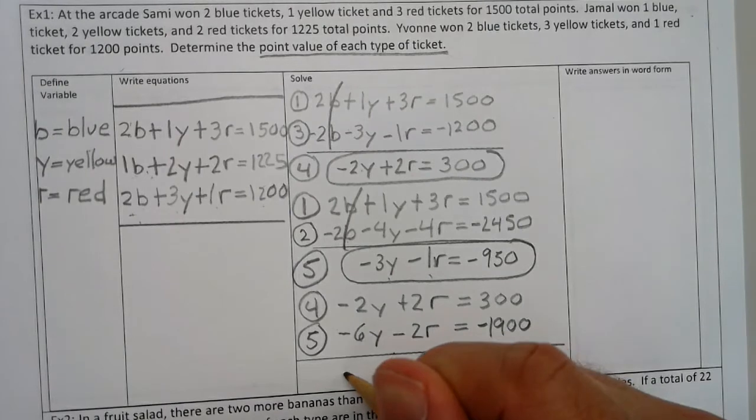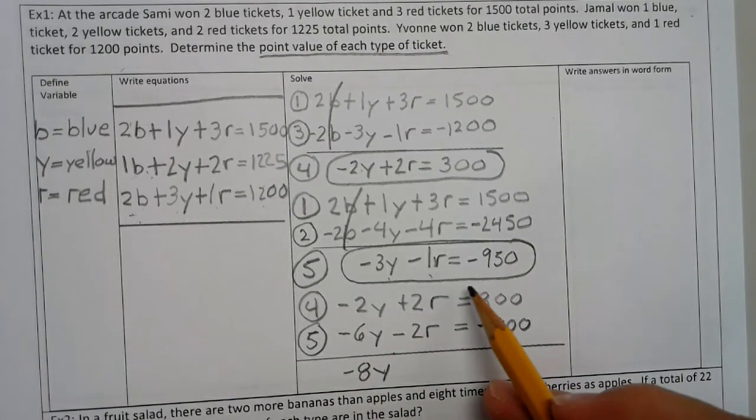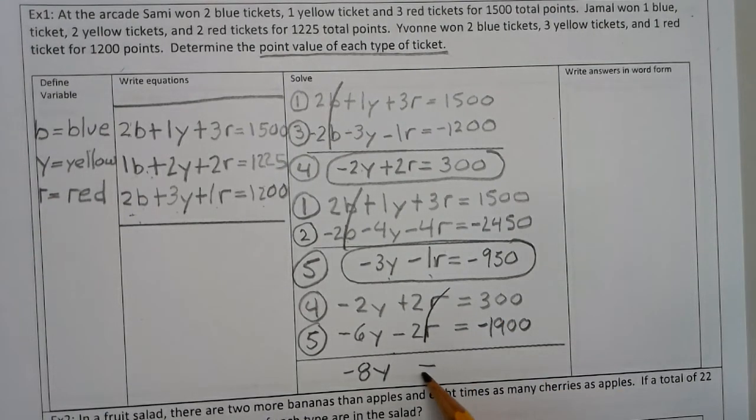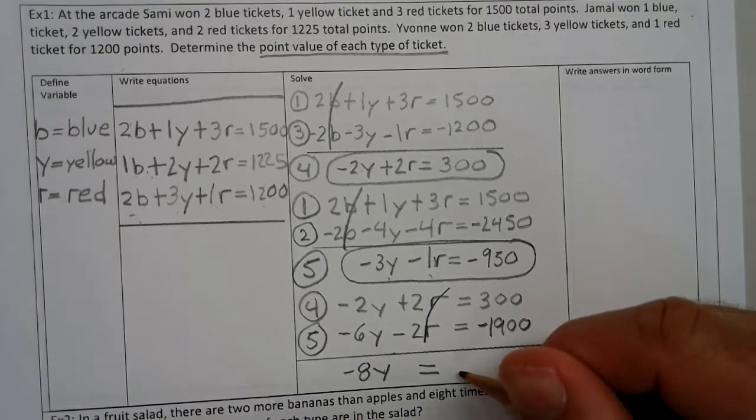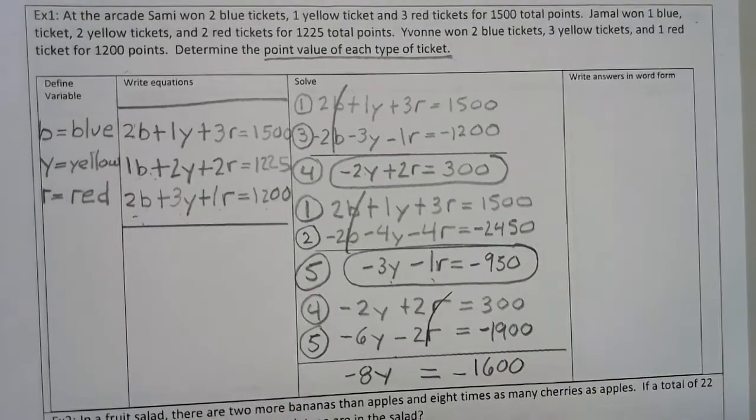So we get negative 8y, the r's cancel, equals 300 minus 1,900, which should be negative 1,600, but I'm using a calculator to make sure. Negative 1,600.